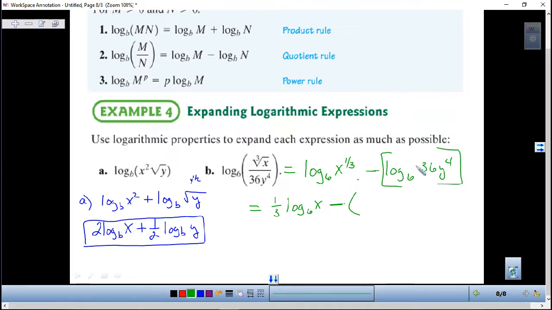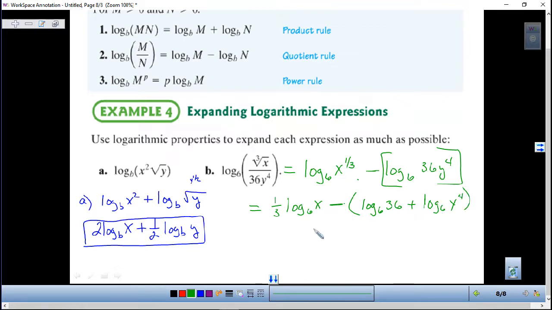And when we break this thing down, we need to put that in the parentheses there. So we're going to get the log base 6 of the first part of our product, 36, plus the log base 6 of y to the 4th.